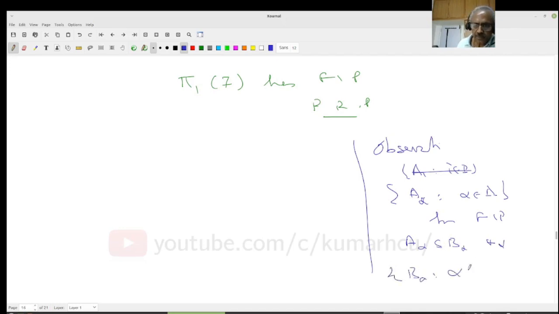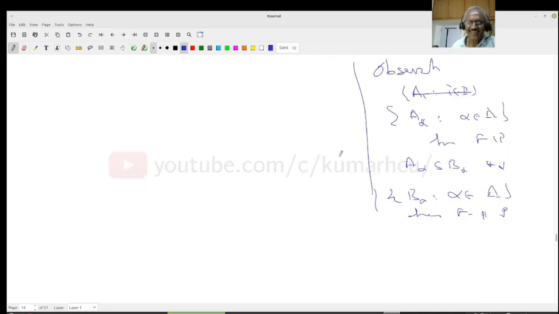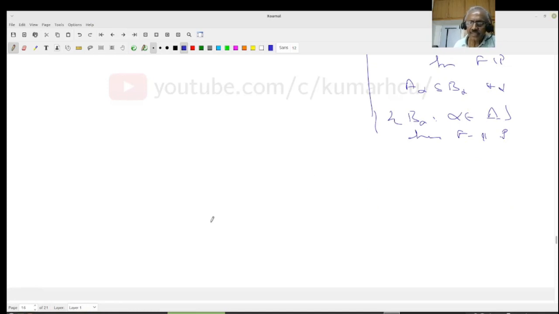Then this B_alpha family also has FIP. You see how many set theoretic observations we need? Yeah, if you take B1 to Bn, then A1 to An is contained in this, and this is not empty. Therefore, this is non-empty.